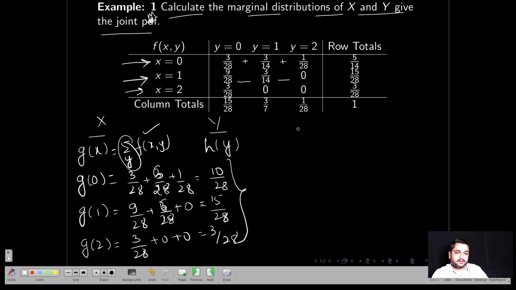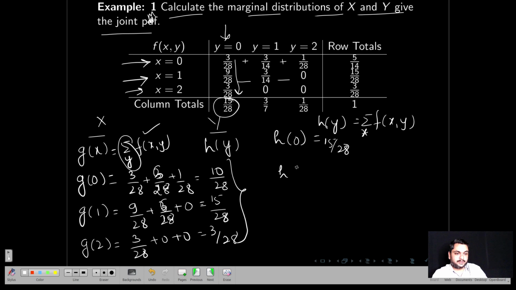So these are called the marginal probability distribution values. Now similarly for h of y, h of 0 equals, so how will you do it? h of y is equal to, you sum over x by fixing the y value, f of x comma y, that is the joint PMF. So y equal to 0 means h of 0. You fix this column and then add these values. So we'll get 15 by 28.